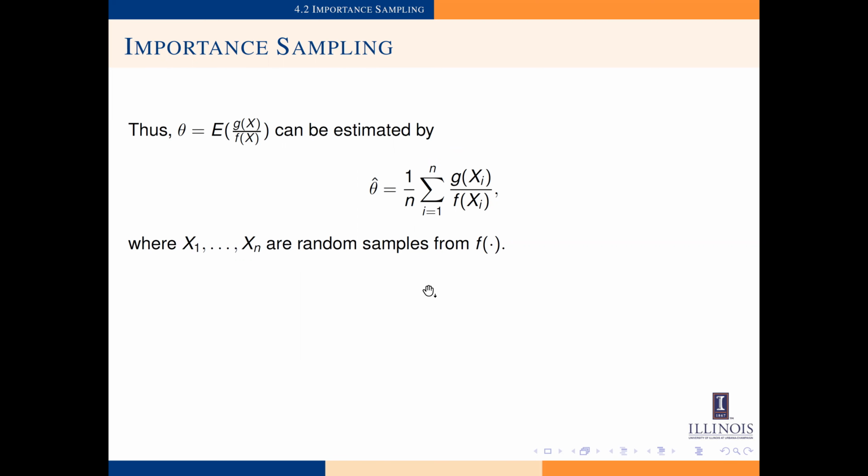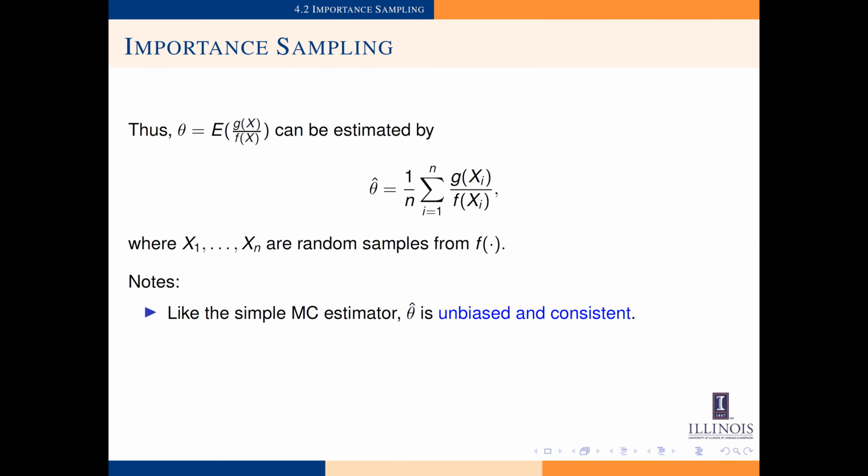In other words, in order to approximate theta, we can draw x1 all the way up to xn from the distribution with PDF f of x, and then we can calculate g of xi divided by f of xi for each of the i's, and then taking the sample mean gives us an estimate of our theta.